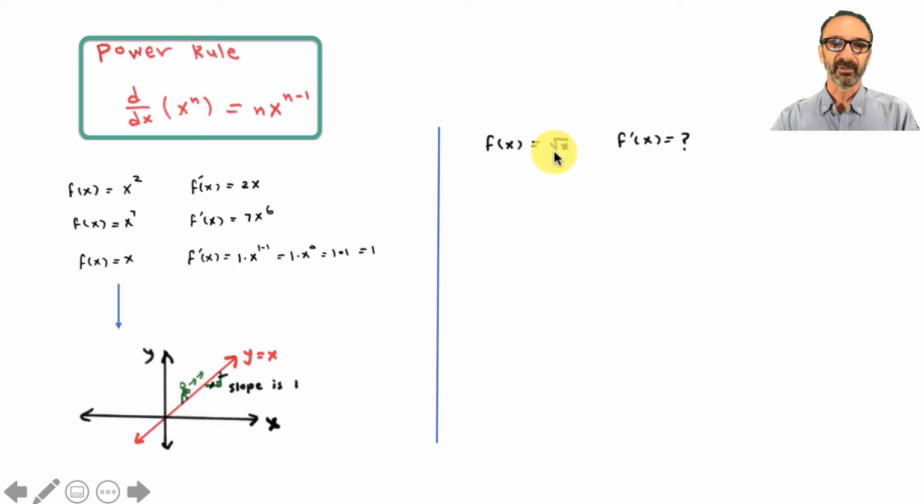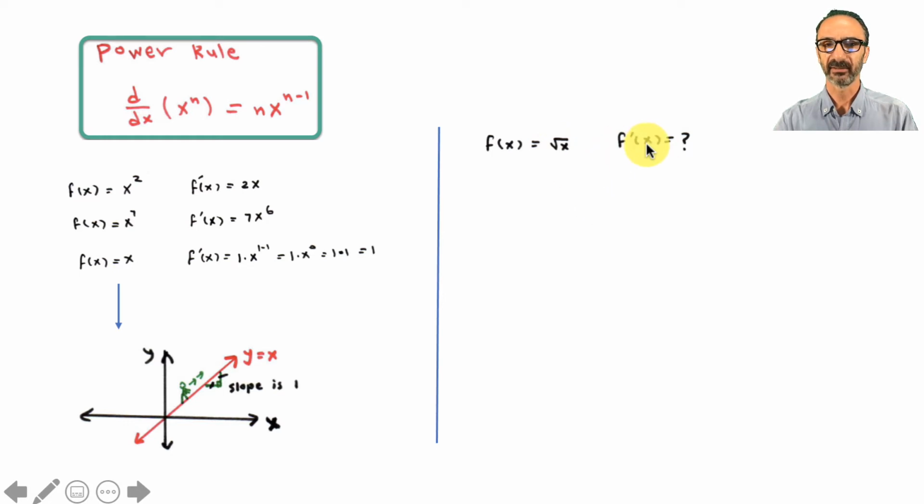Let's take another example. Square root of x. How do you find the derivative? We start with simple, straightforward examples, but life is not always with simple examples or problems. Square root of x.